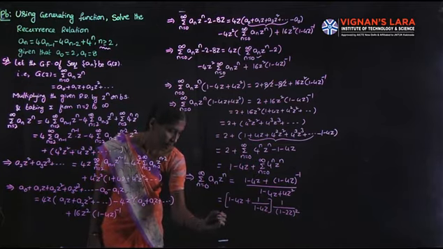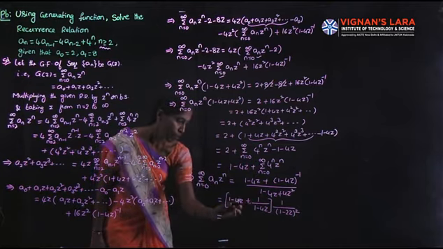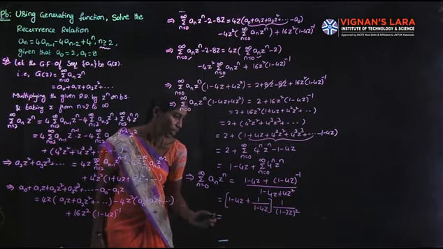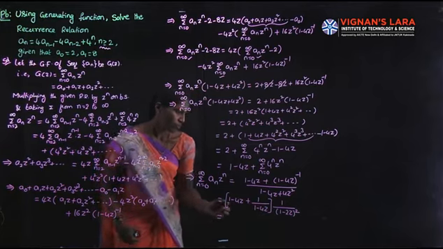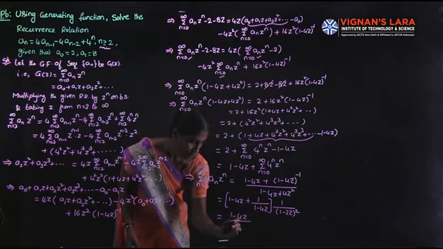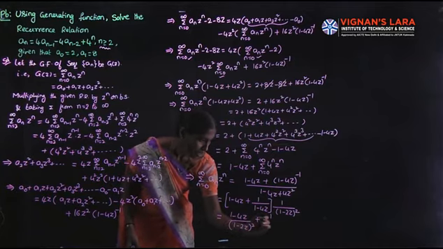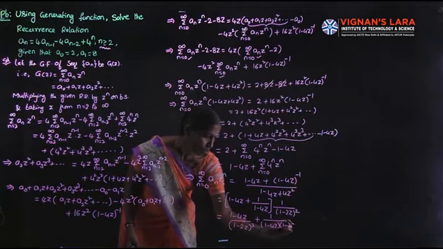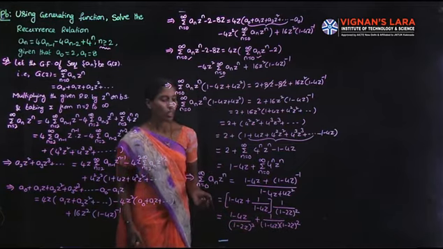Apply LCM here: (1 minus 4z) into (1 minus 4z). It becomes (1 minus 4z) by (1 minus 2z) whole square plus 1 by (1 minus 4z) into (1 minus 2z) whole square.